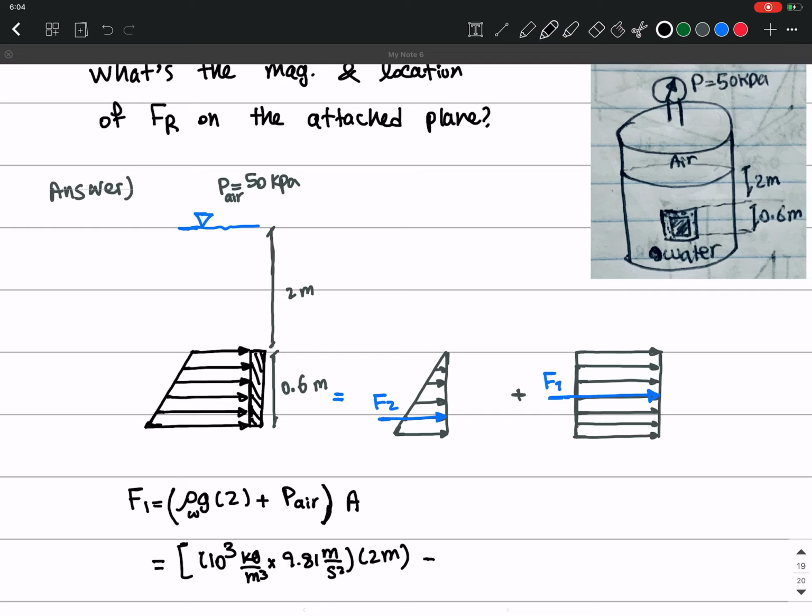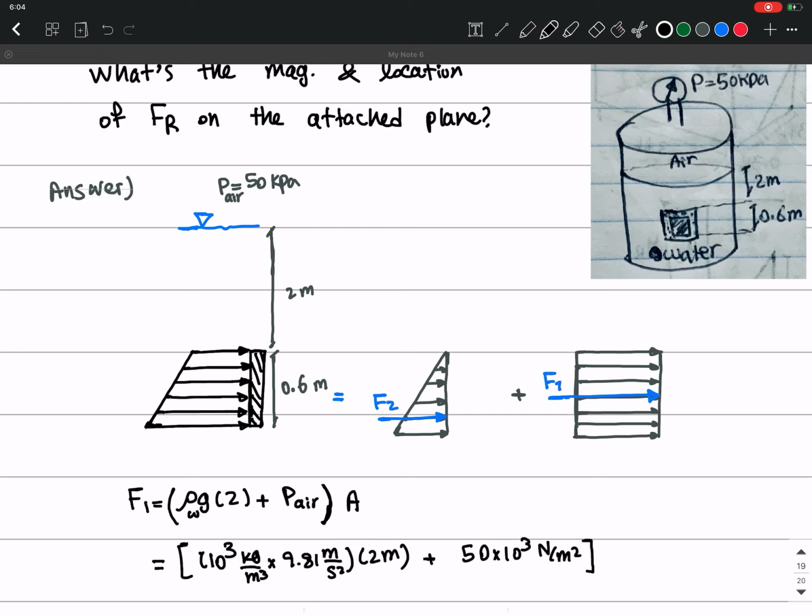And then plus 550 kilopascal, which is going to be 550 times 10 to the power 3 Newton per meter square.